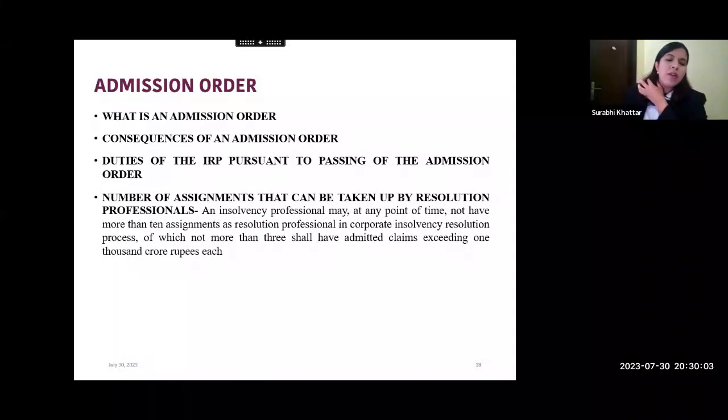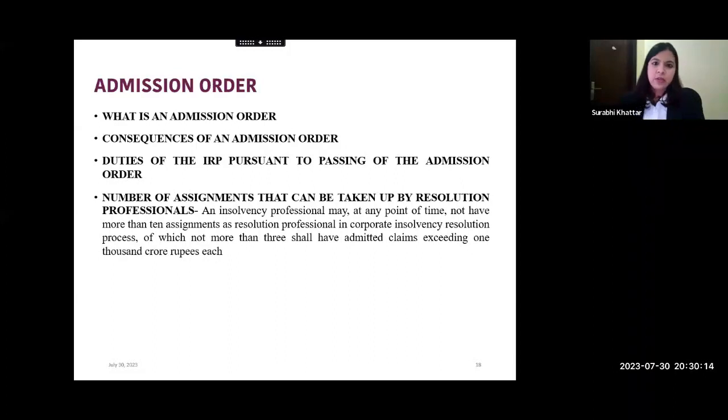Yes. Now, admission order. If the debt and default are established, then an admission order would be passed, thereby sending the corporate debtor into insolvency. Now, consequences of an admission order being passed would be: first, an interim resolution professional will be appointed. Second, moratorium will be declared.